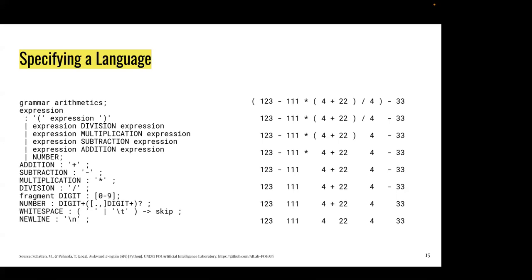If we have an expression, that expression can be within parentheses, or it can be one expression, then a division symbol, and then another expression, and so on until we have only a number. Basically, an expression is a number. A number, on the third line from the bottom, is a set of digits, and a digit is a fragment that can be from 0 to 9.